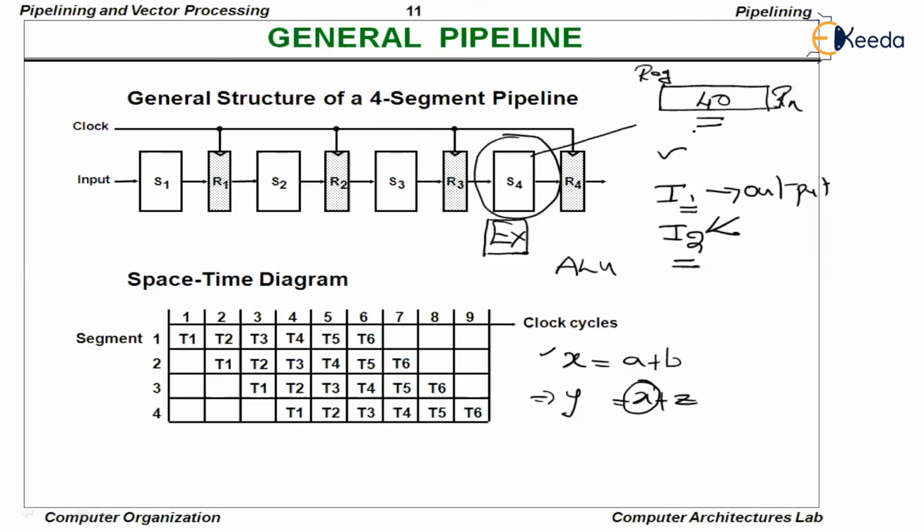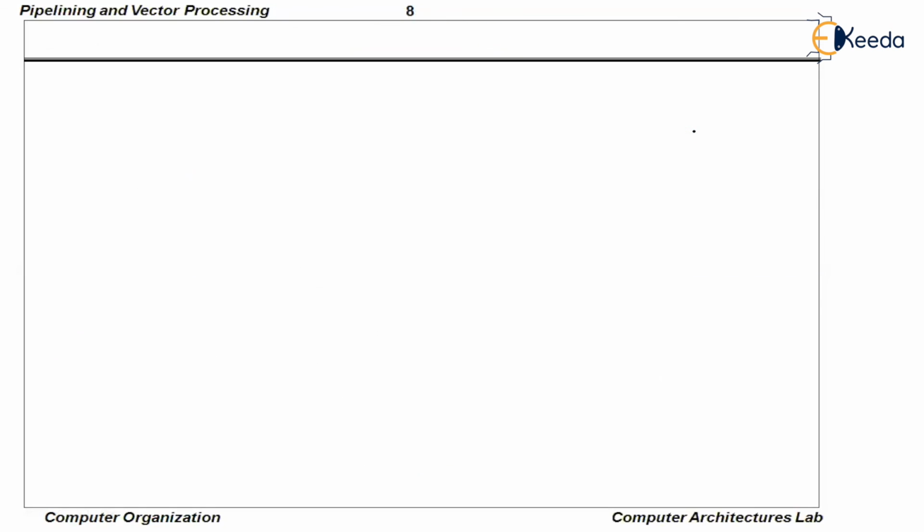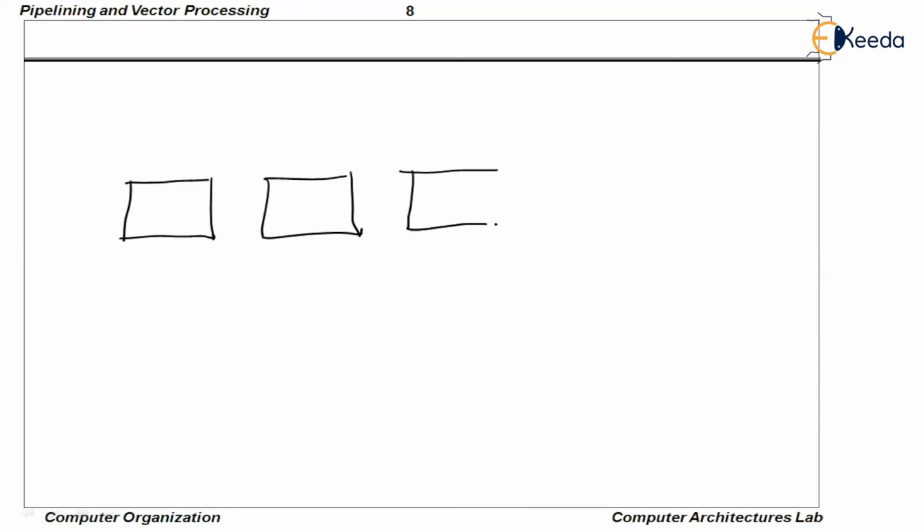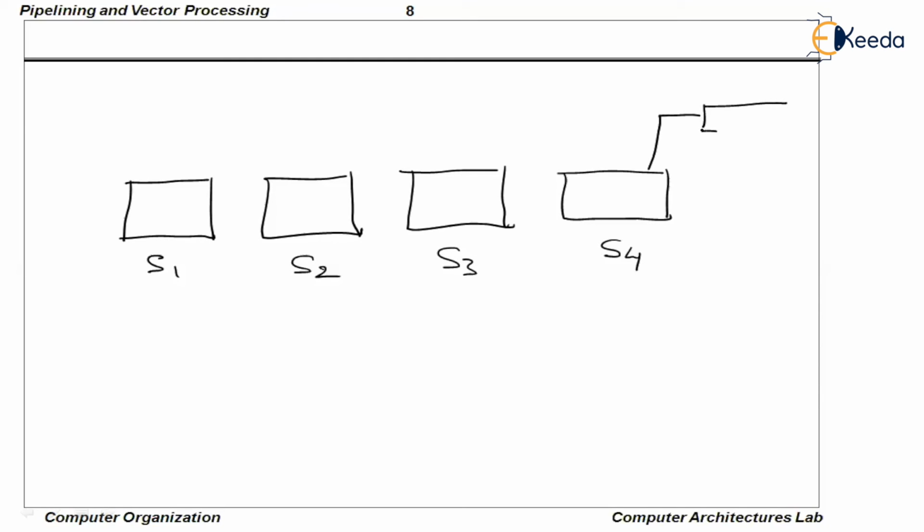So here in the operand forwarding technique, what will happen is, let me draw stage 1, stage 2, stage 3, and stage 4. The output of stage 4 will be written into the register file.